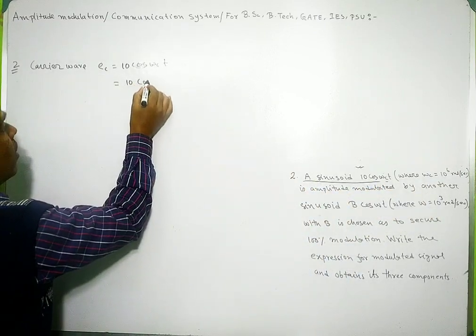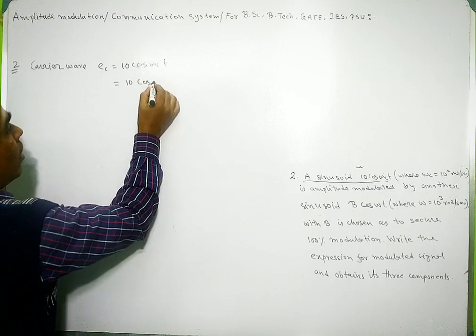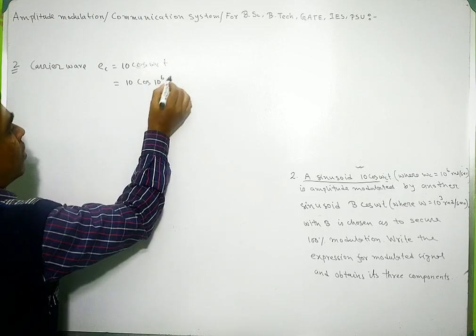This is cos, not sine. So 10 cos 10 to the power 6 t.